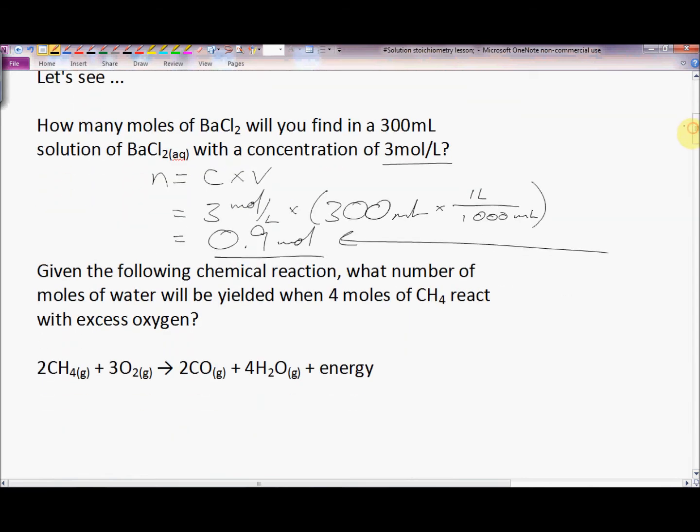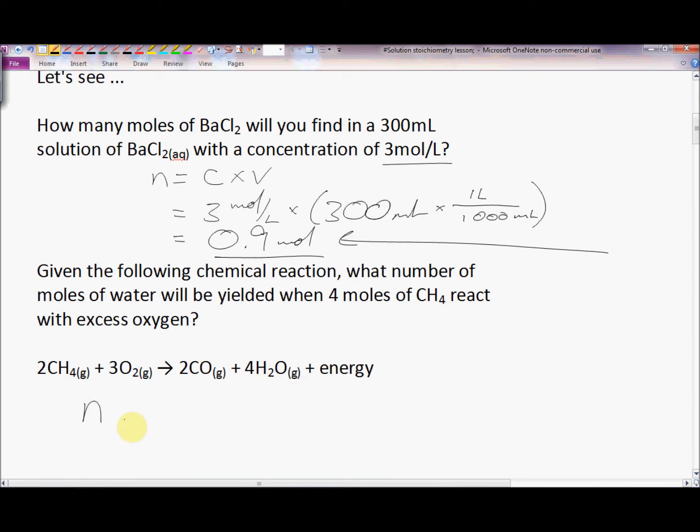Also, moving forward, we need to be able to do these types of problems. Given the following chemical reaction, what number of moles of water will be yielded when 4 moles of methane react with excess oxygen? So there's our methane, there's our water. How many moles of water will be produced here?